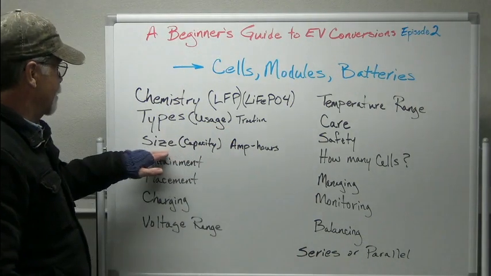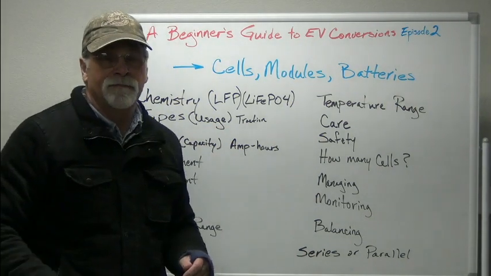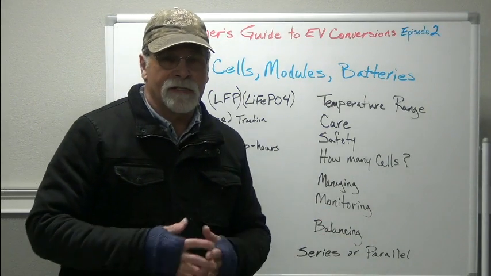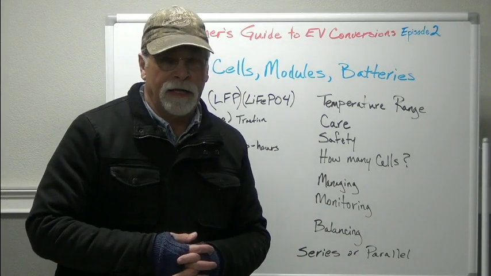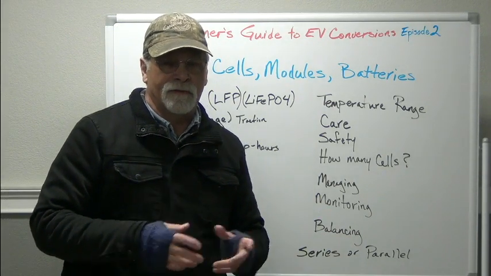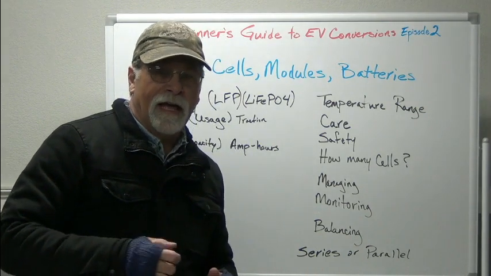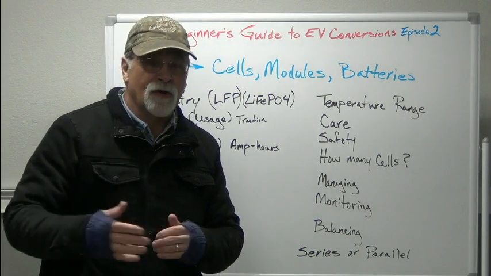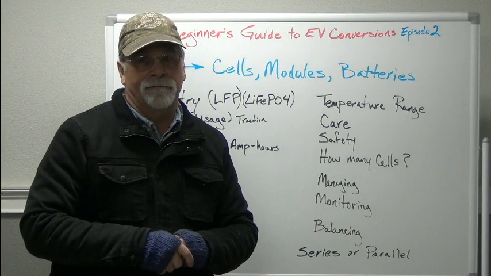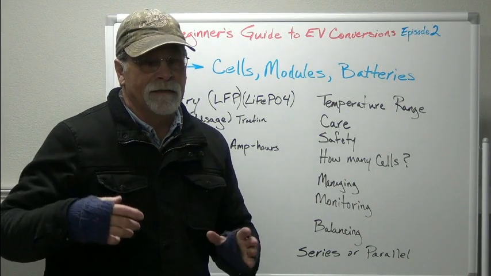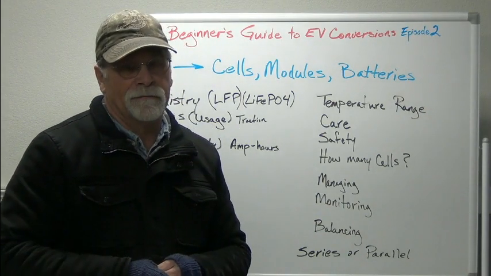Next thing is the size, the capacity. A starting battery is typically rated in cold cranking amps, the amount of amps available for a short period of time, and we're not interested in that.